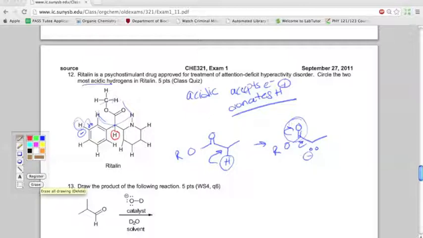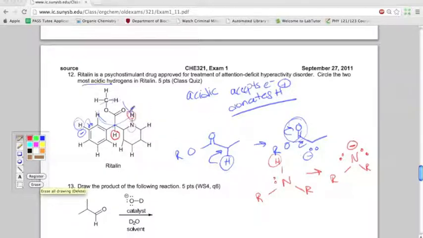Now let's look at this hydrogen here. It's again very interesting. If you donate those electrons, you're going to have a negative formal charge on the nitrogen. Now, nitrogen handles a negative charge or any charge better than a carbon.